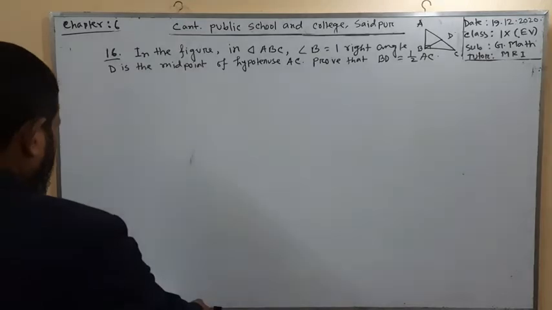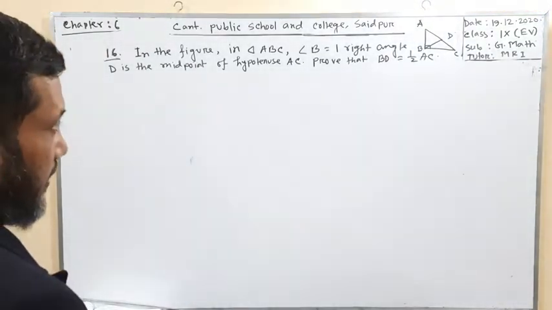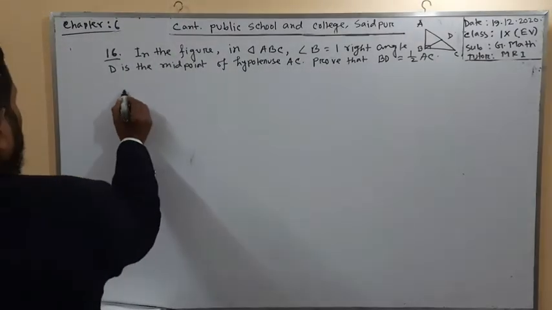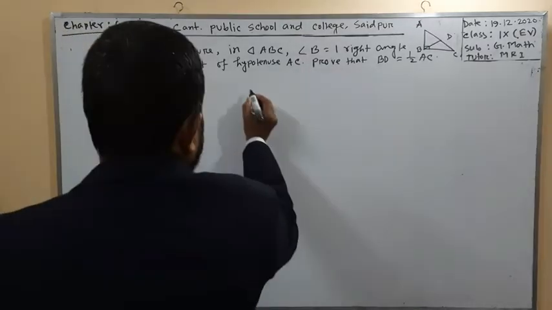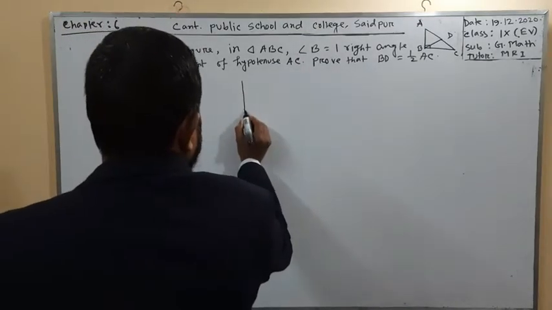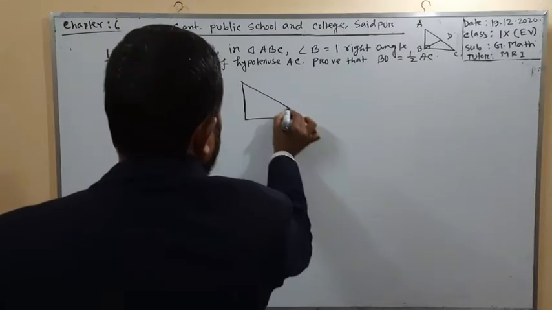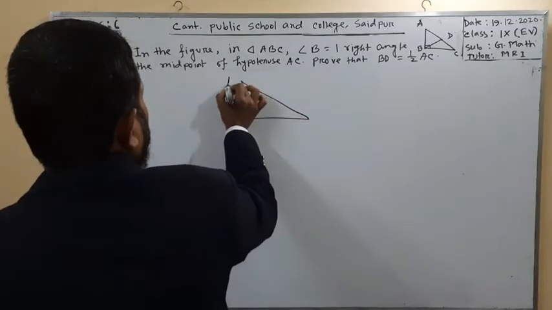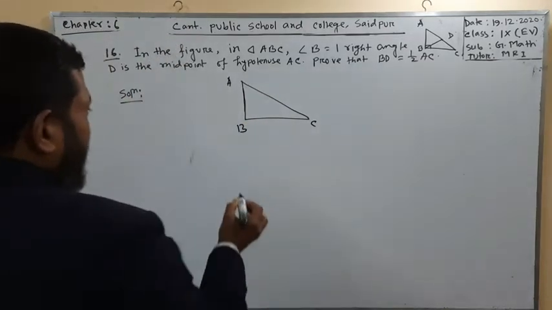First, I am drawing the figure again. Here ABC is a triangle.